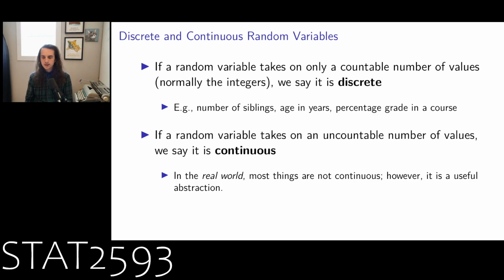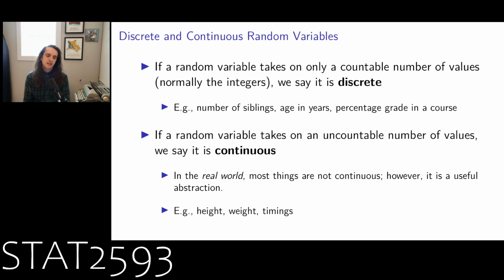With the weight, of course, it's going to depend on what scale you have. And in some sense, your scale is only going to be able to measure a countable number of values, so you could say that it's discrete. But in practice, there are going to be so many values and they're going to be so close together that it makes more sense to think about that as being continuous. So just as a point there.